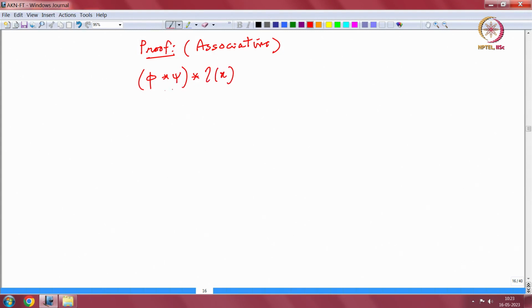So, first you take the convolution, which is the same as the integral over Rn of phi star psi at y, times eta of x minus y, dy.